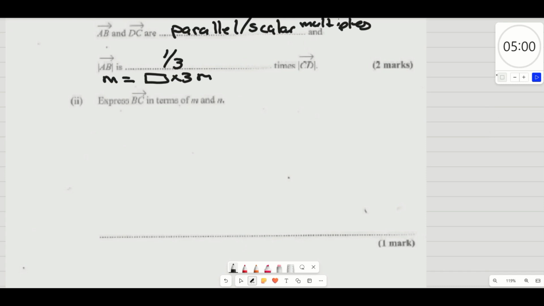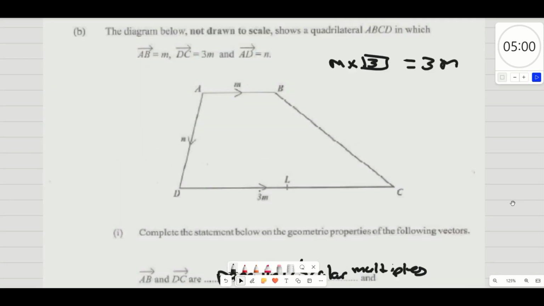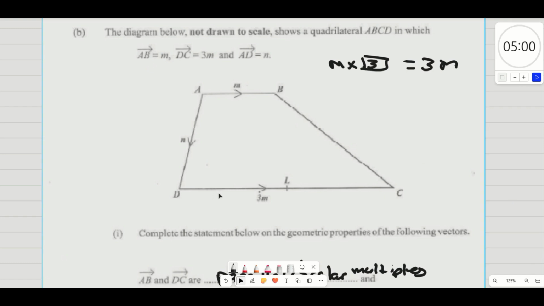So we know that BC, your starting point is B, so it's BA plus AC. This is what they give you in the question. If you look at what they gave you, they gave you AB and they gave you AD.